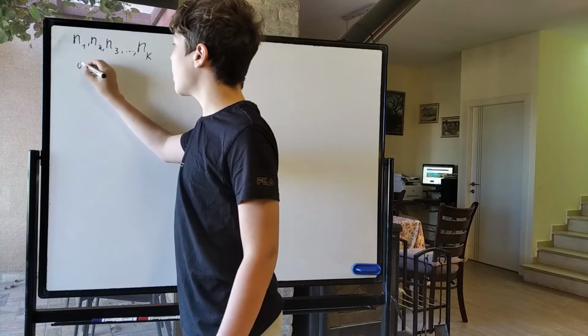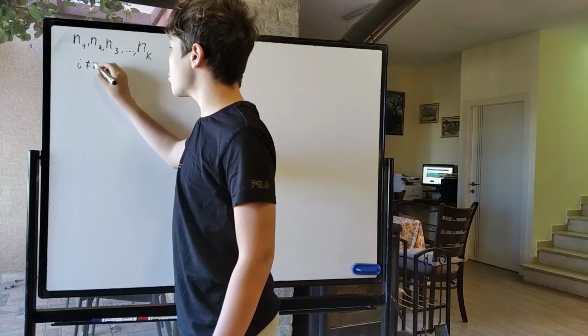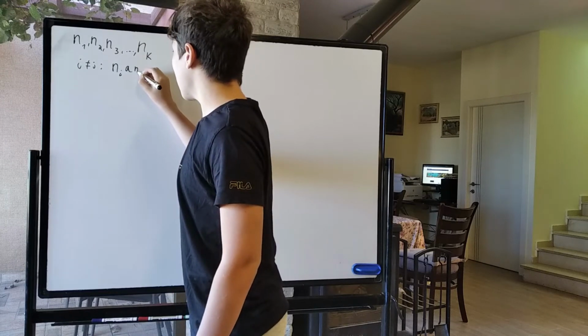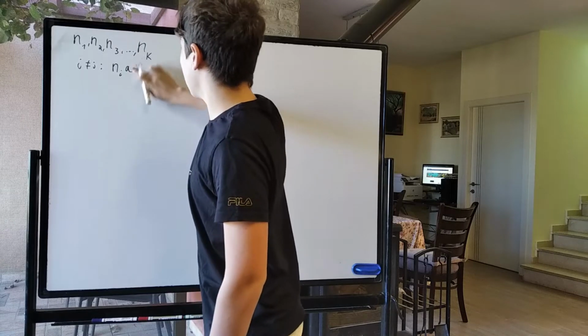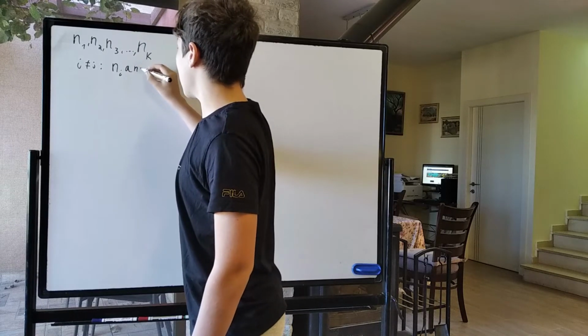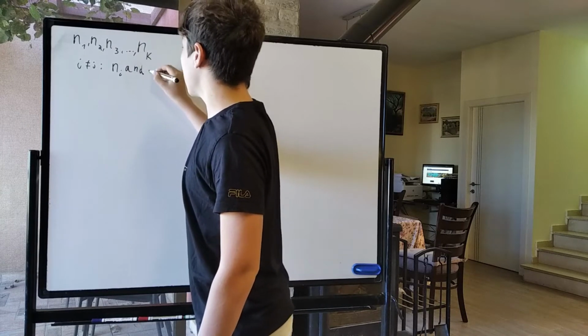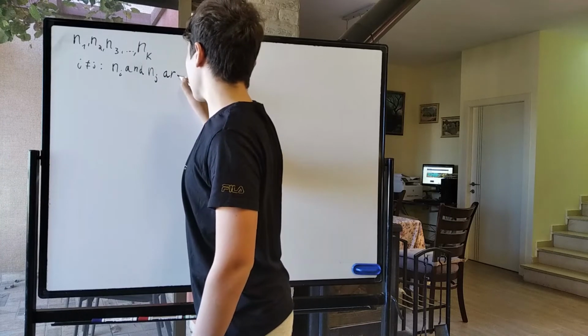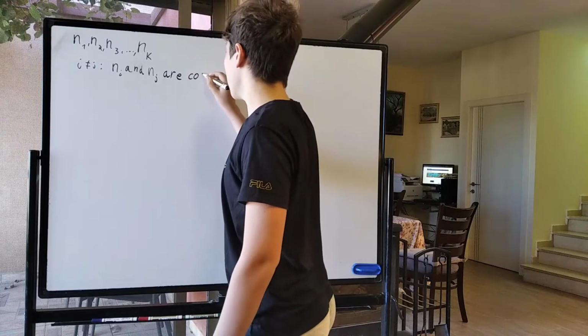So for i different than j, ni and nj are coprime.